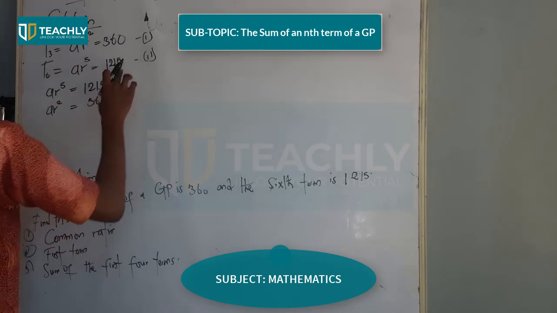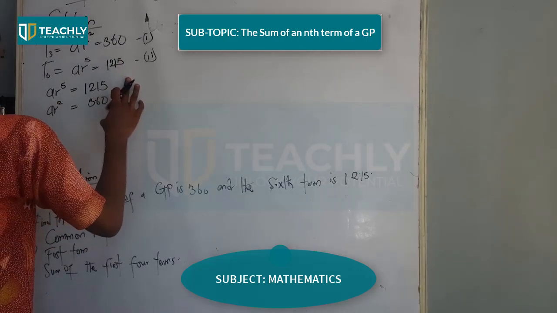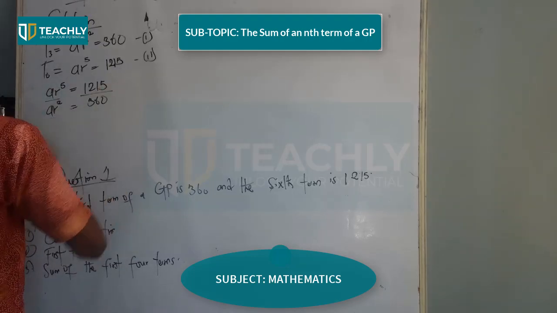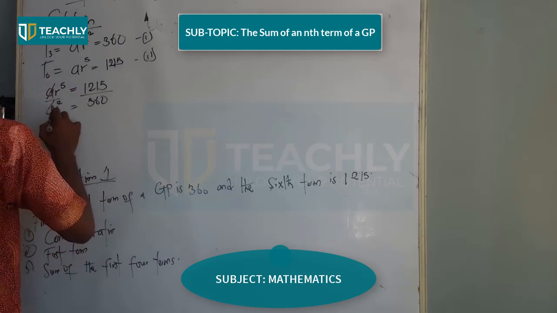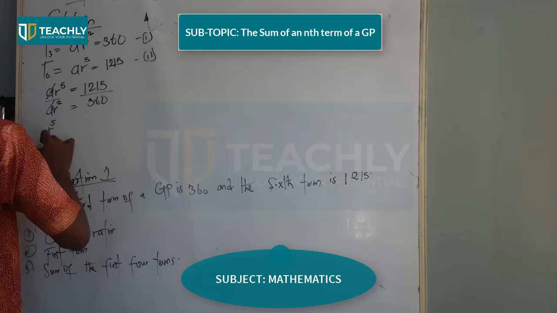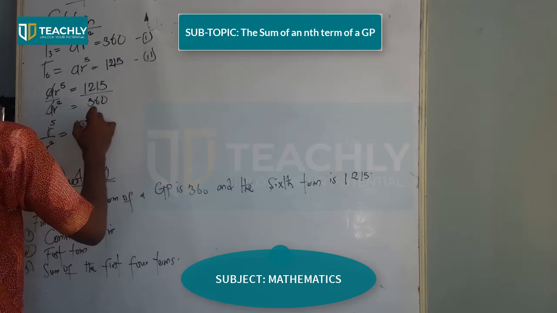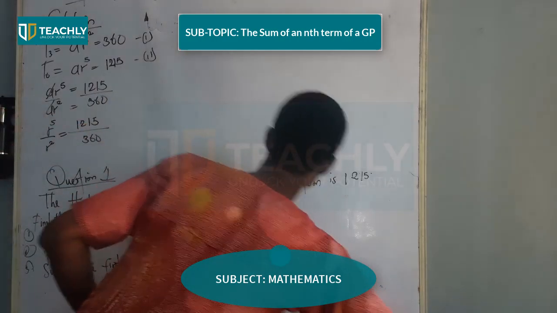I told you that with GP, we deal with division for the common ratio. So if I divide this by this, my a is going to cancel out, and I'll be left with r to the power of 5 over r to the power of 2, equal to 1215 over 360.